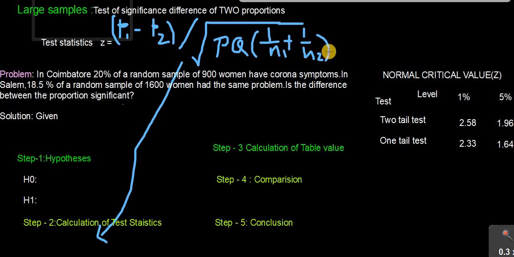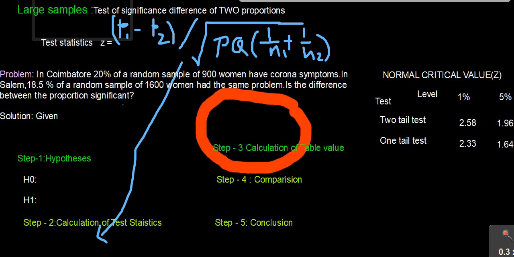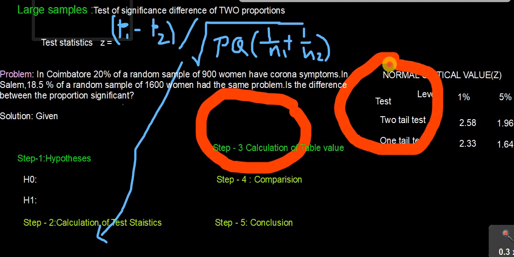To understand more, suppose this is one population and this is another population, and we take samples from them.